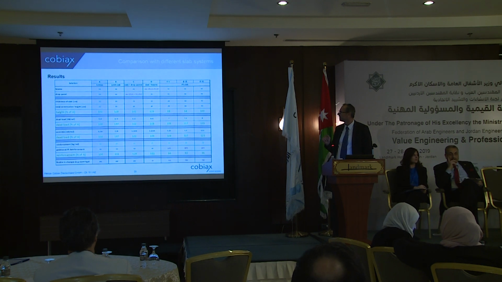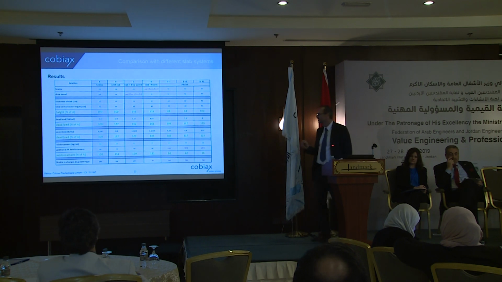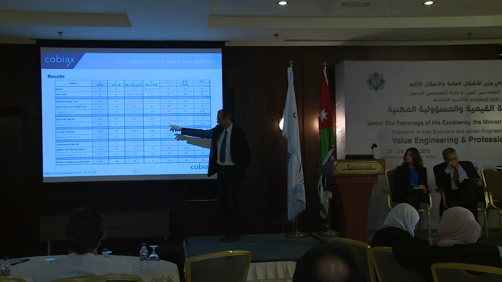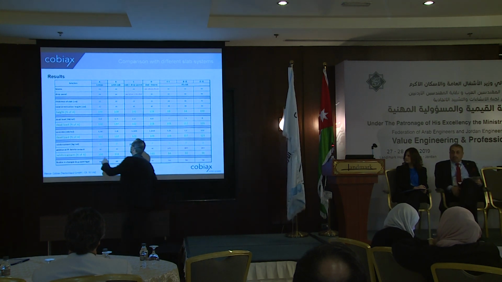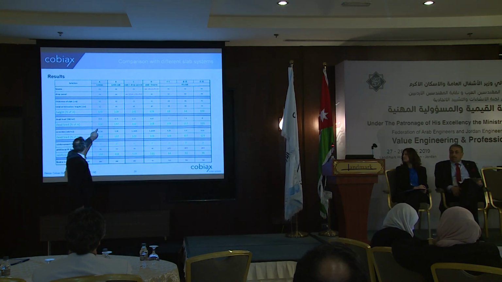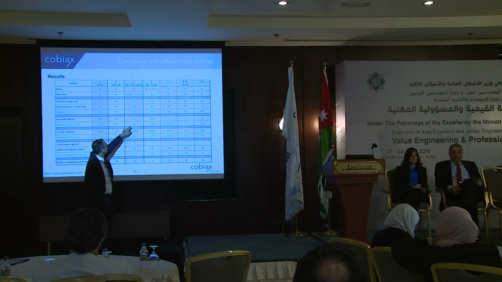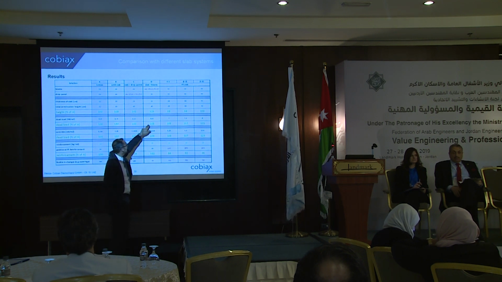So the next step is to have a look at the dead load. So Kobiaks, again, you will see here in the first row. You can see 100% dead load for Kobiaks. Then the solid slab had 37% increased dead load. Even the slab with the drop panels has got 2% more dead load, and also the slab beam combination 33%.